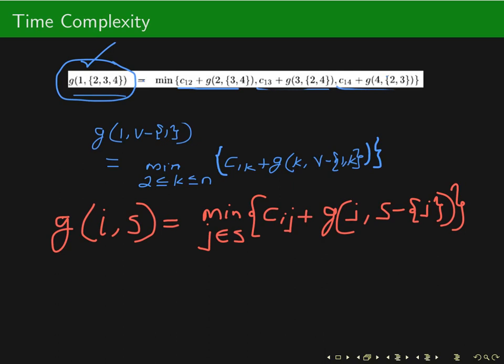It is evident that our subset S will not contain 1 because 1 is the starting city. So 1 will not belong to the subset S, and also whenever you calculate a g(i, S), that particular i also will not be a part of the subset S. Let us call this equation 1 and this one equation 2 to refer to in our further explanations.